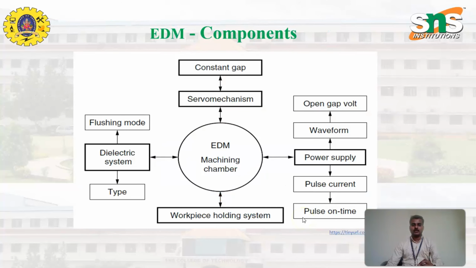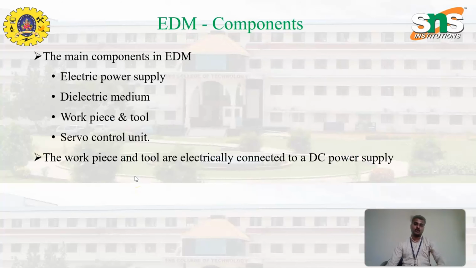The EDM components: the EDM machining chamber is at the center, where a constant gap and servo mechanism are used, along with the waveform, power supply, pulse current, pulse on time, flushing mode, and dielectric system type. These are some of the components used in the EDM. The main component is the electric power supply.